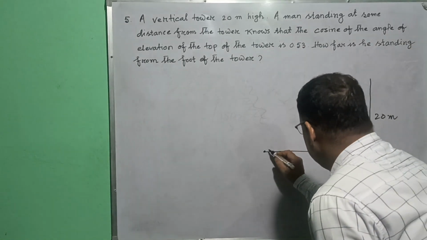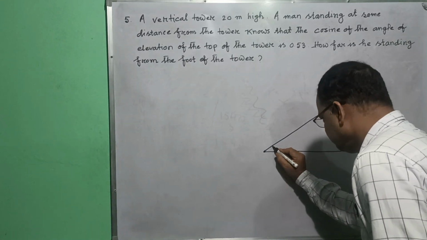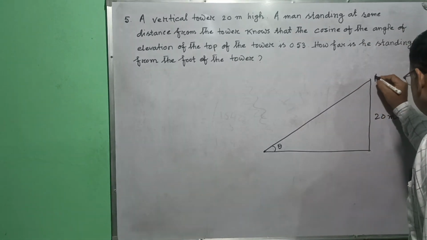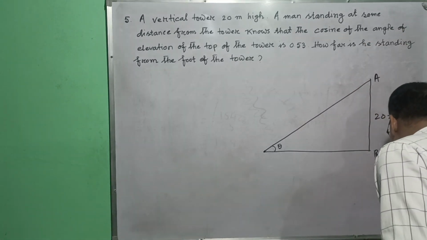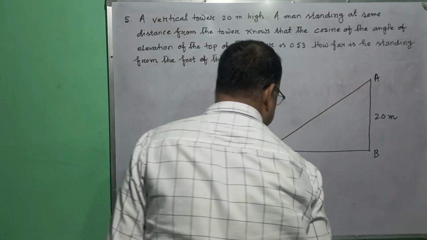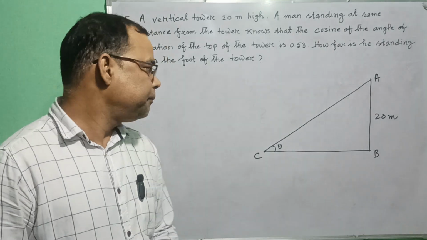Here the angle is forming at that point. Let it be theta, let the tower be AB, and the position of the man is C. So here we are forming the right triangle ABC.